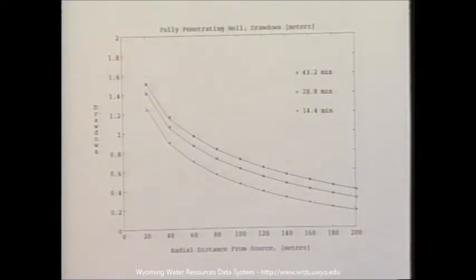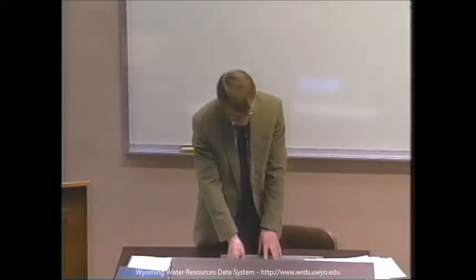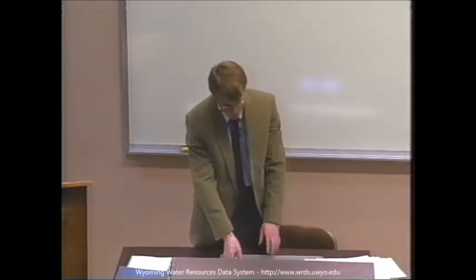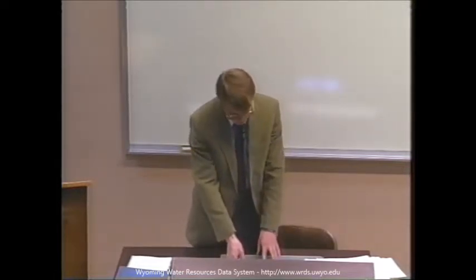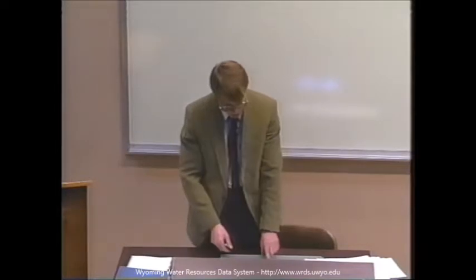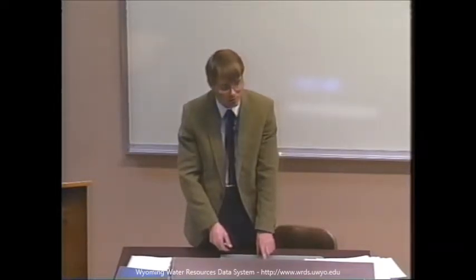And as you can see, the similarity solution essentially falls right on the numeric solution. I did use plenty of terms. I probably did not need to use so many terms. But for the fully penetrating case, it worked really well. This, by the way, is the radial distance from the source.